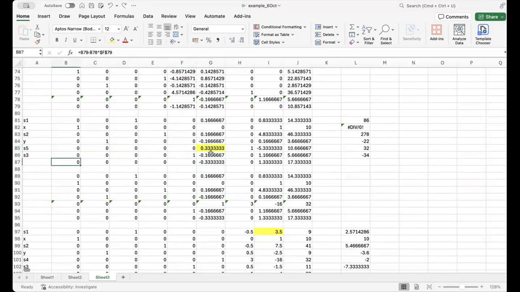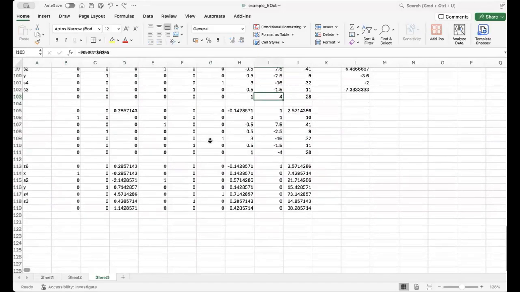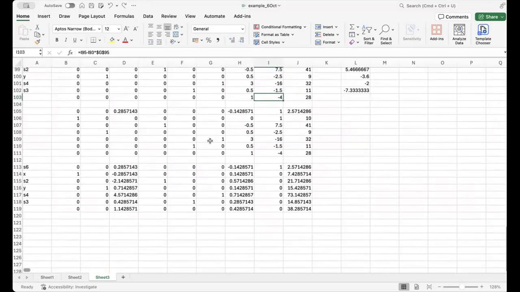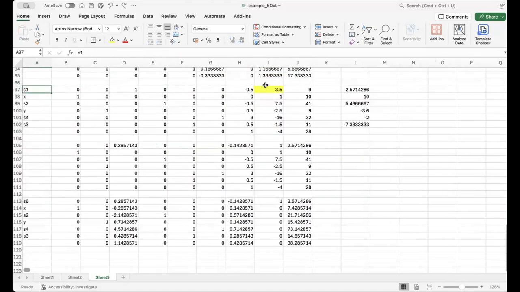So the next round, we have this table. Our basic variables contain S1, X, S2, Y, S4, and S3. We still have a negative element here. We introduce S6, and we remove S1.